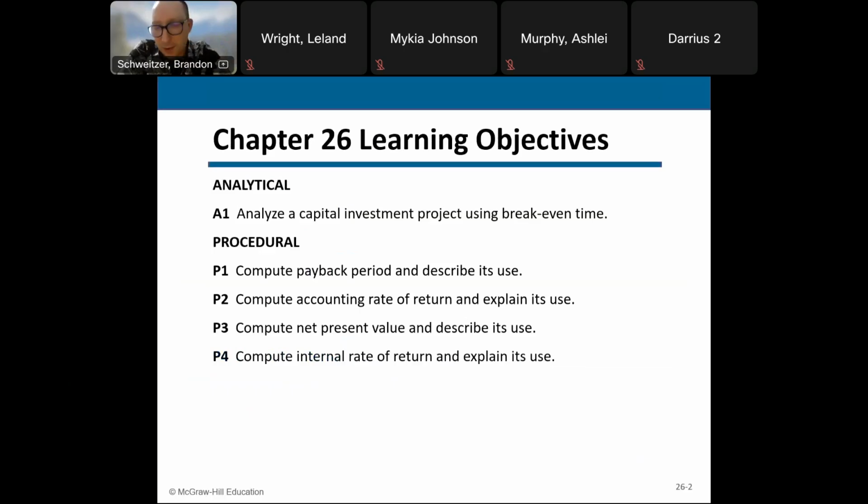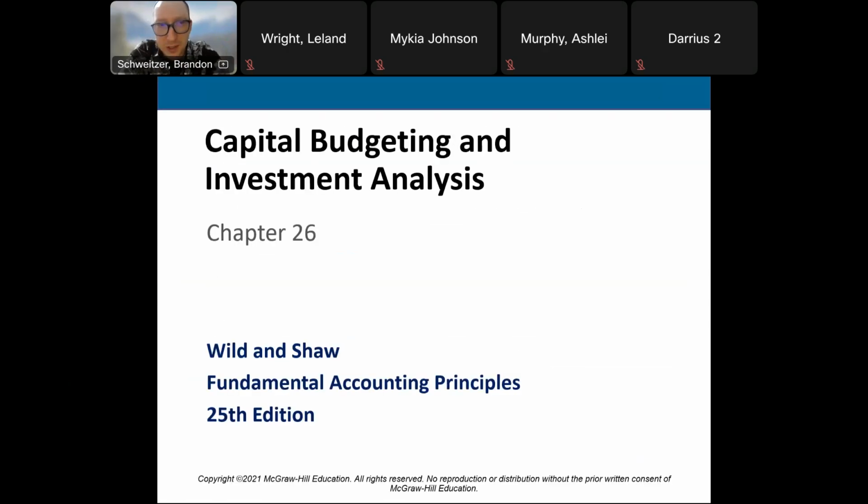When we talk about capital budgeting, really what we're talking about is future company investment. That's what capital budgeting is all about. When you hear capital budgeting, remember some time ago, a few weeks ago, we talked about the master budget.